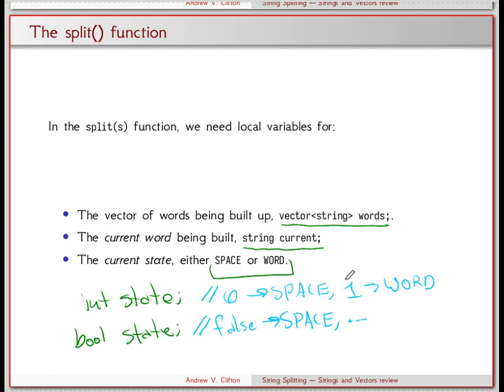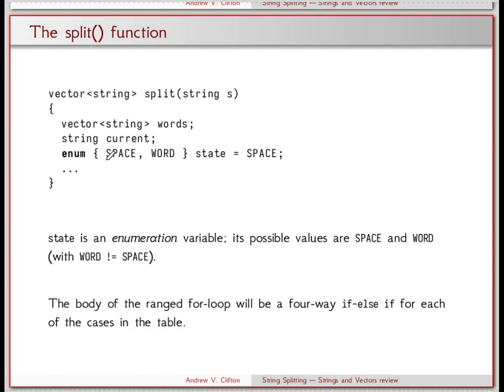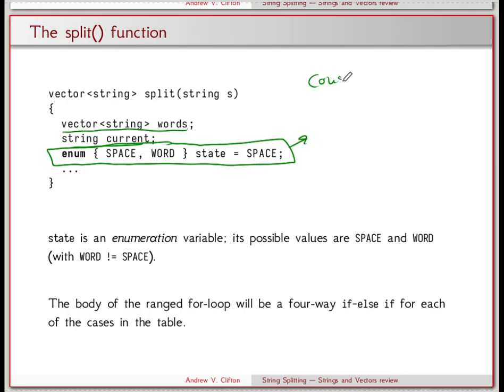So it turns out that C++ has a built-in thing that will let us give nice names to our states. So we're going to define our vector of words as just a vector of words. Our string for the current word is just a string. But my state is going to be represented as this enumeration variable here. What this is a shortcut for is, imagine defining 2 constants.